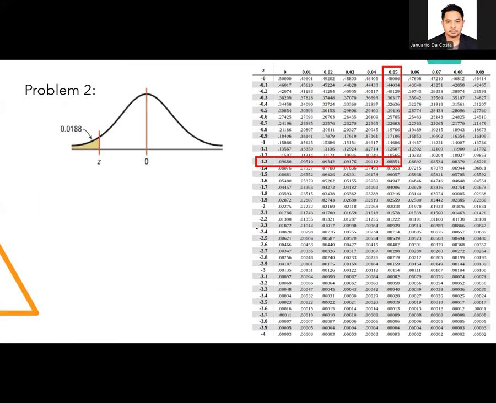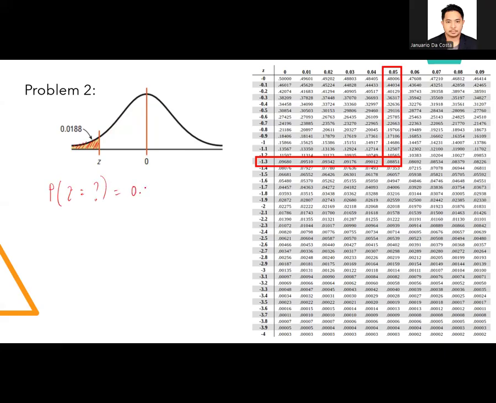Okay, problem number 2. The area here is the shaded region, to the left. We have to find the value of z. In theory, we need negative z, minus 0. To represent the formula, we write P of Z equal to what value?